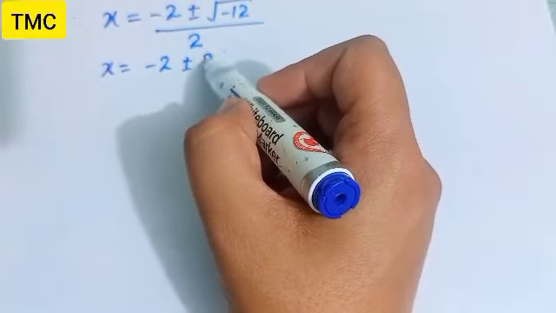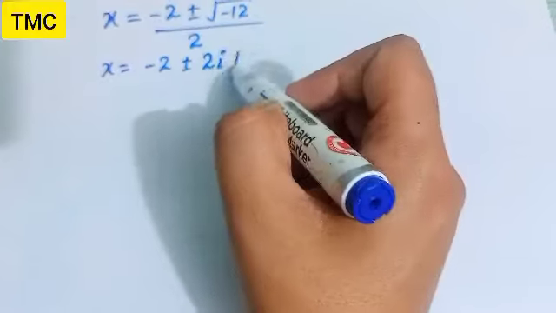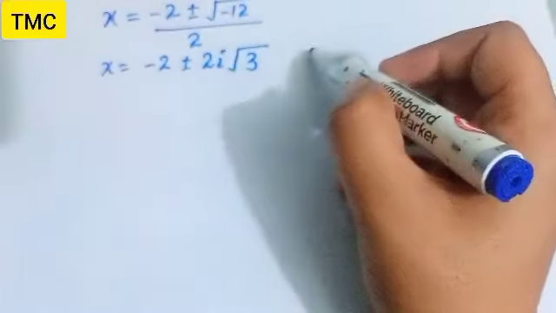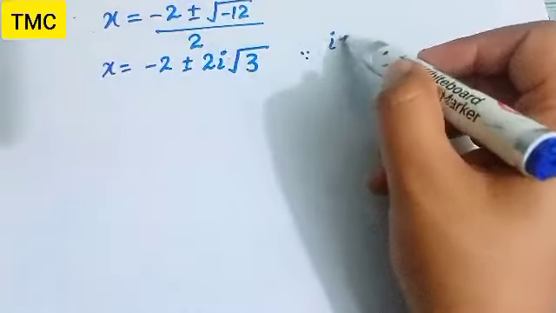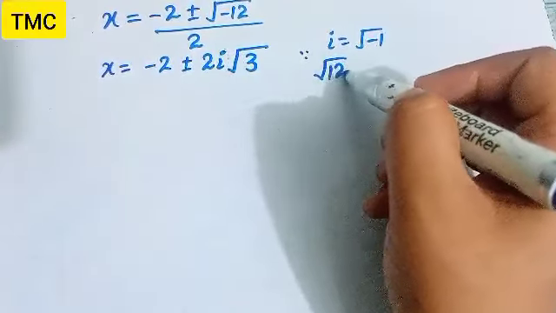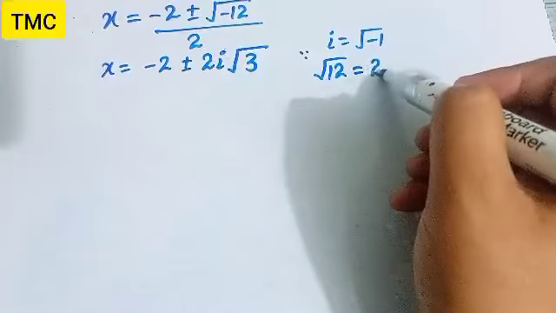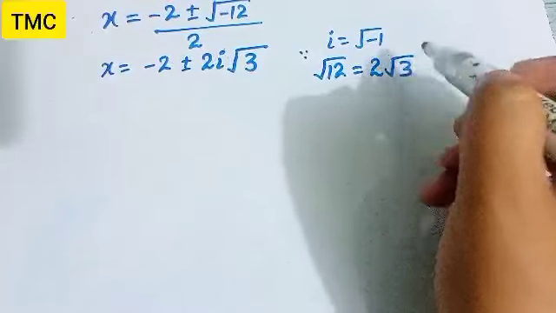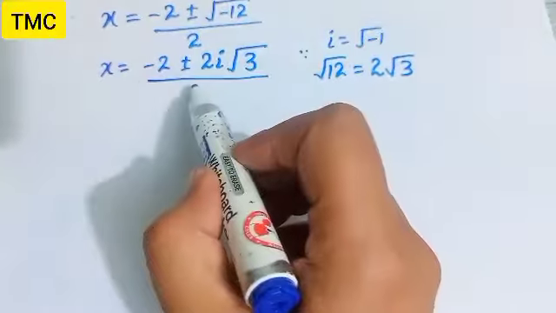For square root of -1 we can write iota, and square root of 12 can be written as 2 under root 3, by 2.